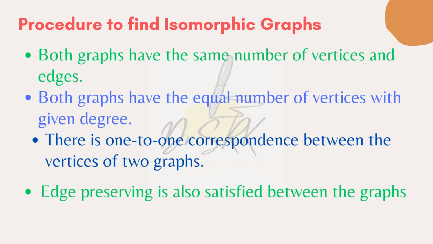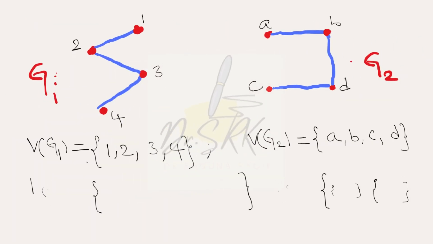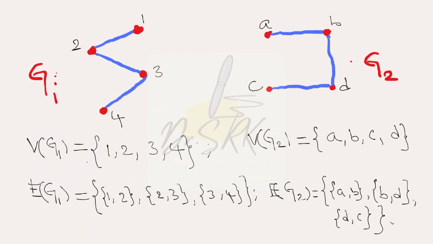To understand this procedure, we look at an example. Here G1 and G2 are two given graphs. Now we are going to test whether these two graphs are isomorphic or not.